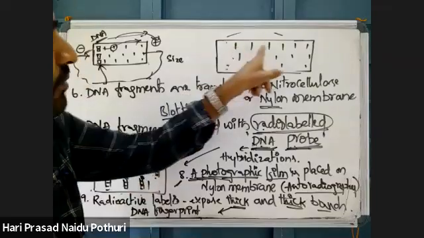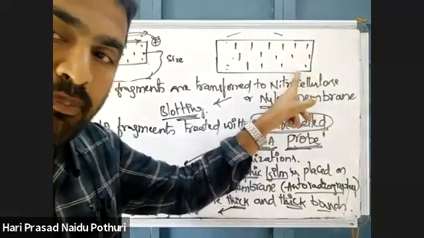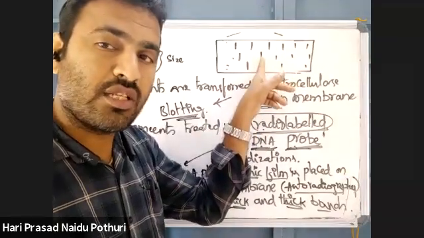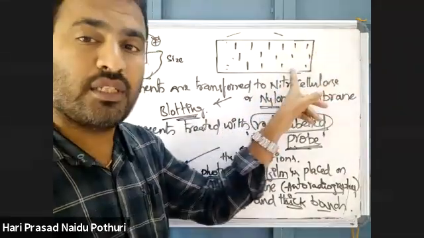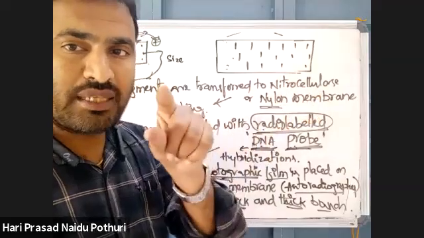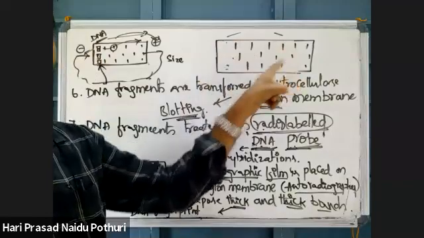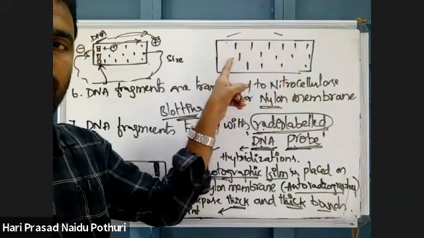There is formation of many fragments of DNA on breaking with restriction enzyme. As we cut the DNA with restriction enzyme, many fragments of the DNA are formed.